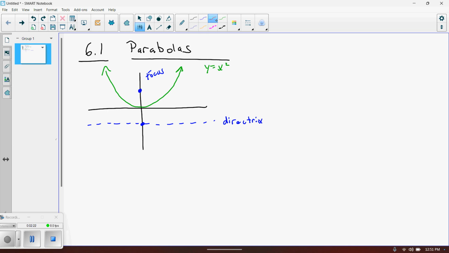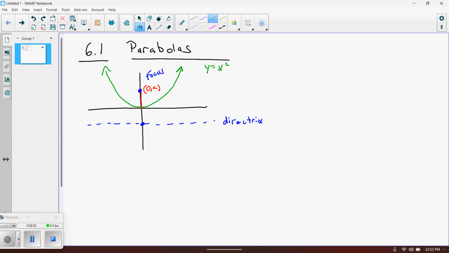And the way a parabola is actually formed is that every point that lies on the parabola, it doesn't matter where it is, is going to be equally distant from the focus and the directrix. In other words, and this is the easy one, if I were to go up from the vertex, that is going to be a units away. So that would be the point (0, a).